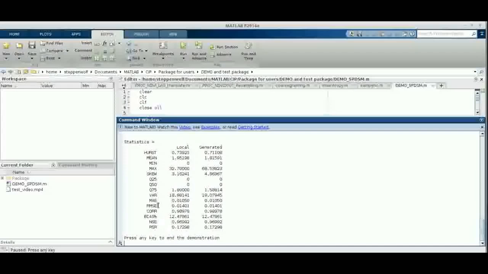We observe that most of these statistics agree with the statistics of the generated information. The only main difference that we may find here is the one for the maximum, and that can be related to the fact that the downscaled information is at about 1 kilometer resolution, whereas the information at the station is punctual measurements, which is assumed to be 1 kilometer resolution too.